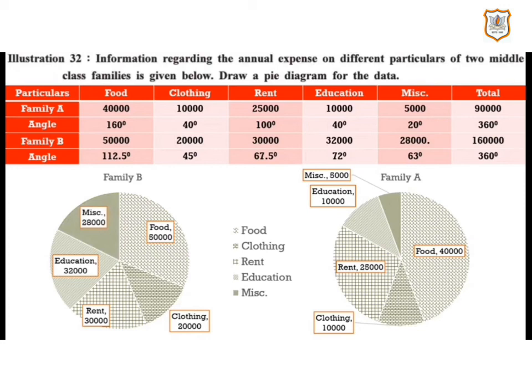If you total it, that is 360 degree. So we have drawn both the pie charts for family A and family B and given different colors to identify them, and here we are done with this illustration 32 and with the topic pie chart.